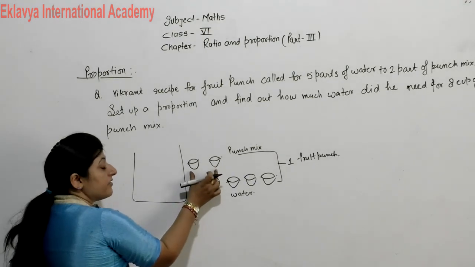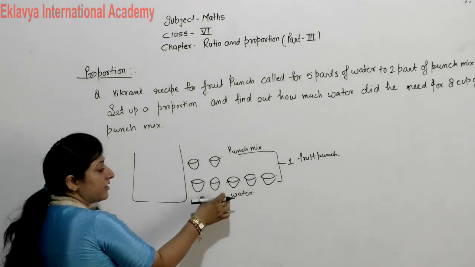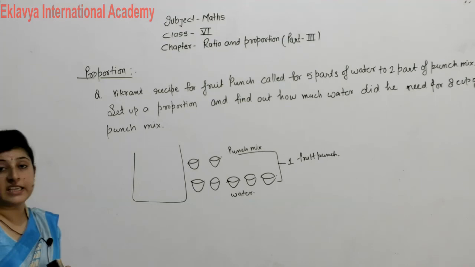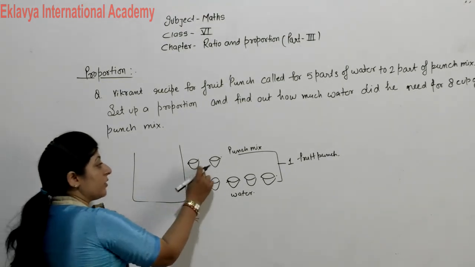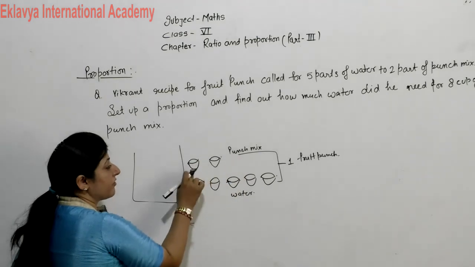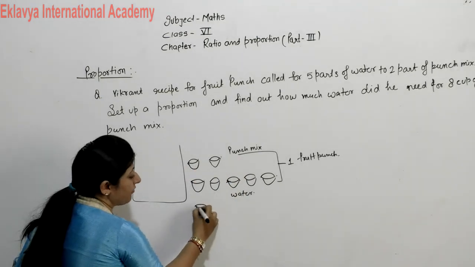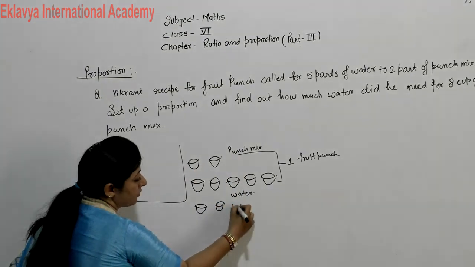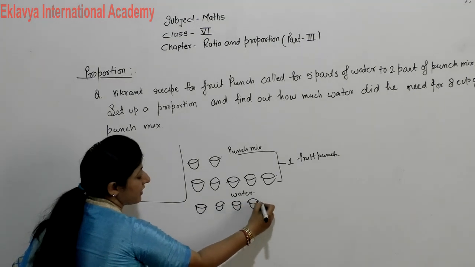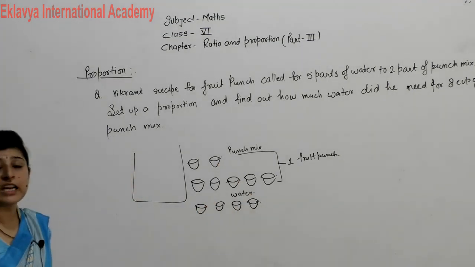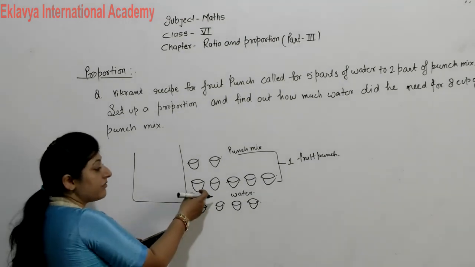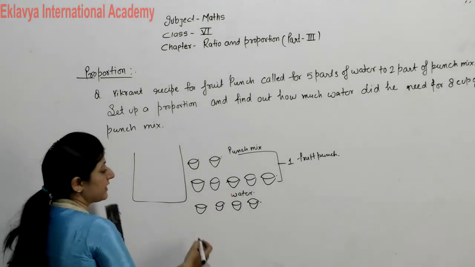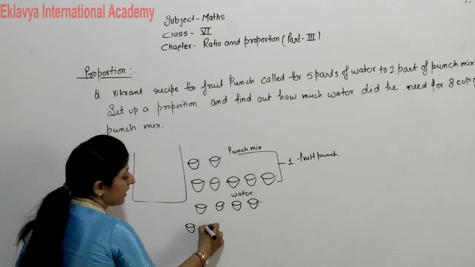Okay, when you have 2 punch mix, then you take water 5. If we do twice of it, instead of 2, if we are using 4 cups of punch mix, then how much water do we need? Obviously we will do twice of it also, then we need 10 cups of water.